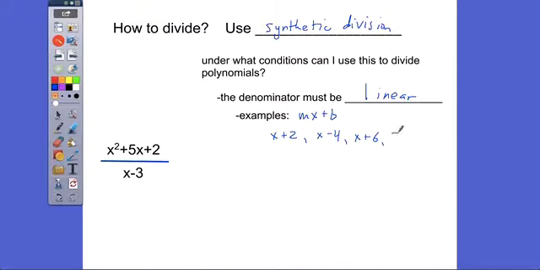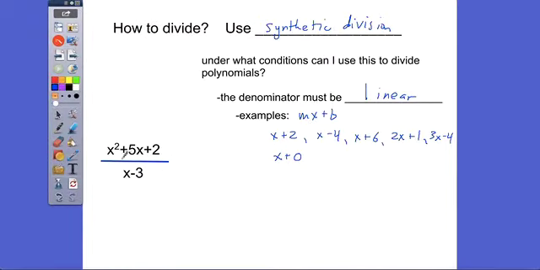You could even have a coefficient with the x, 2x plus 1. It makes it a little trickier when you do that, but it still works. 3x minus 4, and so on. Any sort of linear factor. Now, you could even have just an x, where you do x plus 0. It's kind of like divided by x plus 0.